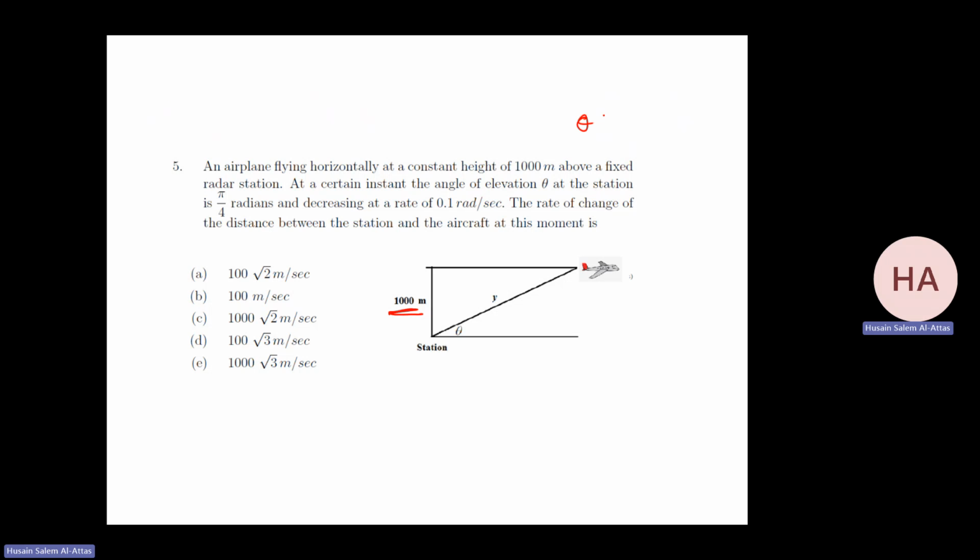So theta equals pi over 4 and decreasing, and d theta by dt will be minus 0.1, let me say minus 1 over 10. Find the rate of change of the distance between the station and the aircraft. We call it y. So you want to find dy over dt when theta equals pi over 4.